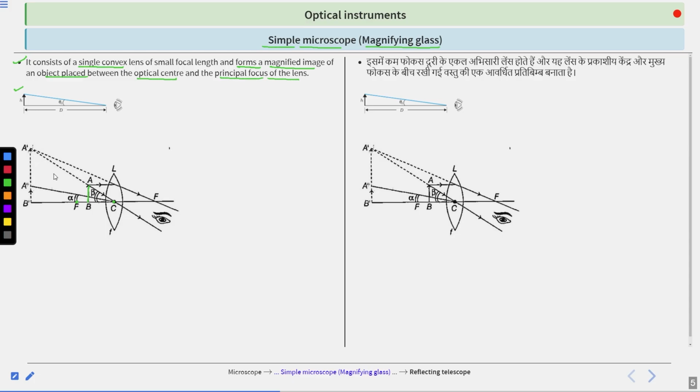If the question asks what is the difference between both diagrams, the main difference is where the convex lens is placed. When you place a convex lens here, you get this diagram. So using a single convex lens, a simple microscope can magnify the object images. Clear?